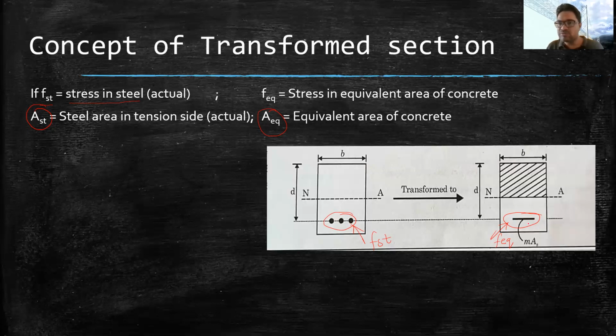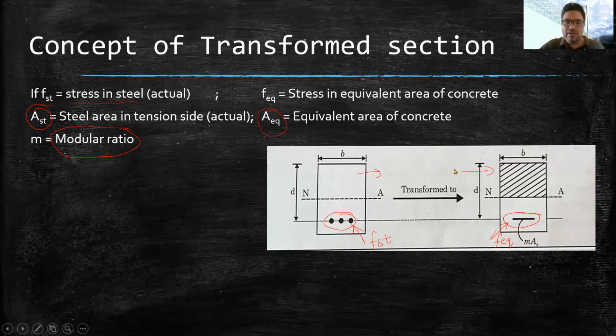Now, how do we find out that equivalent area? That we will see using a relationship. And M, this modular ratio, is a very important ratio, and we will be using it for transforming this actual section into this transformed section.